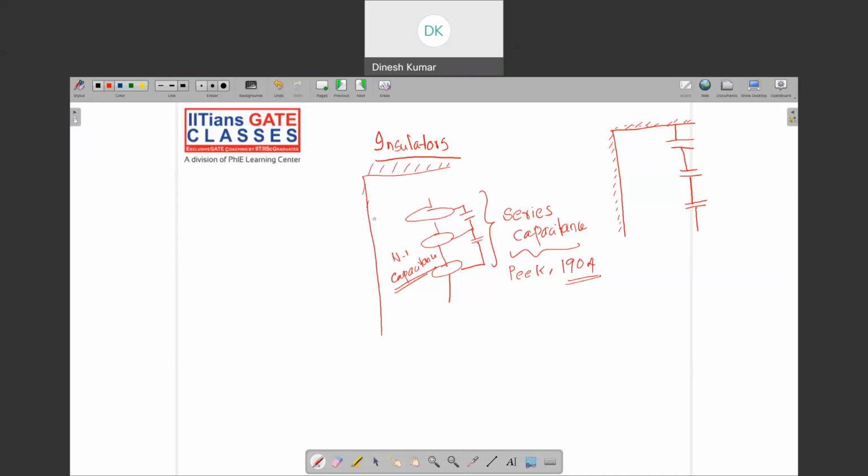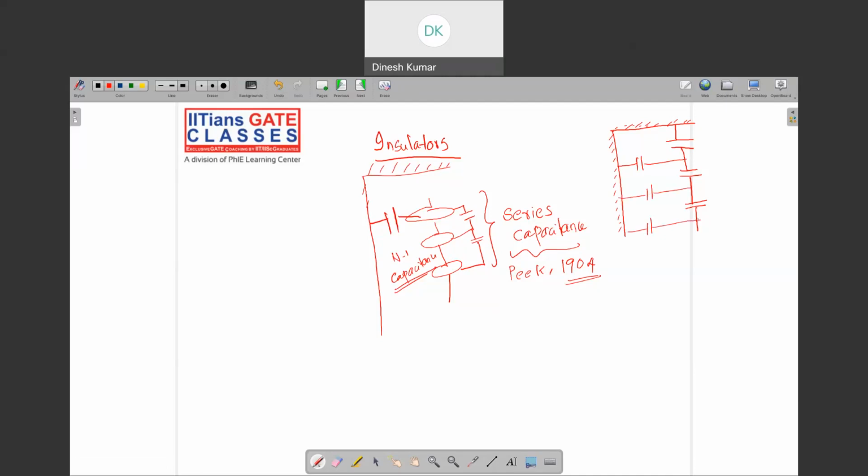There exists a capacitance between this ground and this particular insulator. Let's rename this. This is known as the self capacitance. The capacitance of each insulator with respect to ground is known as the self capacitance of each disk.